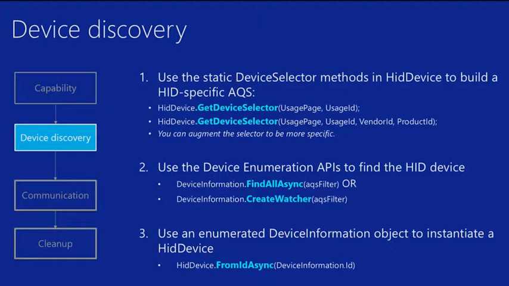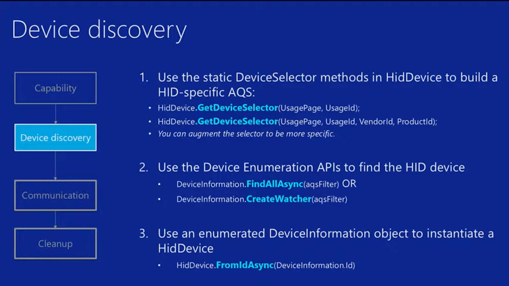When the device selector returns, it gives you a string that you can directly pass in to the Windows.Devices.Enumeration APIs, more specifically, the FindAllAsync or the CreateWatcher methods. What that does is it uses the selector string that you've just passed in and tries to find all devices on the system that meet the particular selector criteria.